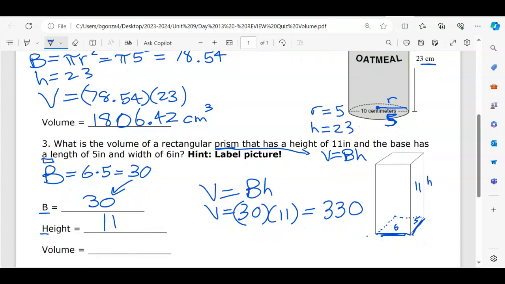So my volume is 330. Now my units of measure on all this are inches, but for the volume, it's going to be inches cubed. Now notice, the base area, big B, has to be squared because this is an area. Areas are squared. Height is just a measurement, so it's just regular old inches. And then volume is 3D, so it's going to have to be three-dimensional. Area is 2D.